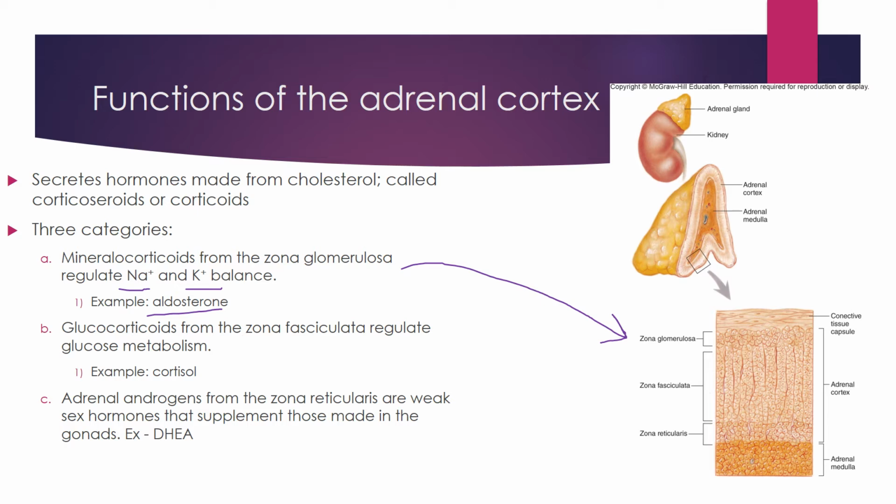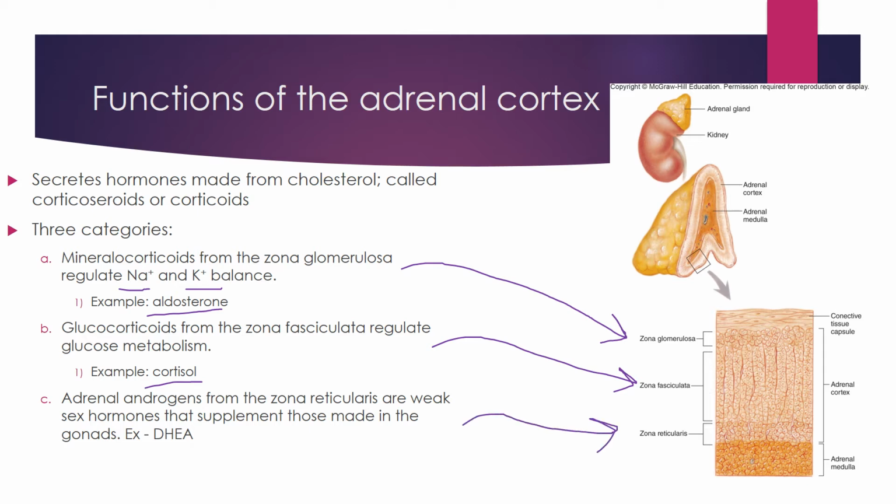Glucocorticoids are produced within the zona fasciculata, and these are important for metabolism of glucose. Cortisol, commonly referred to as our stress hormone, is an example of that. And lastly, adrenal androgens are produced within the zona reticularis of the adrenal cortex.